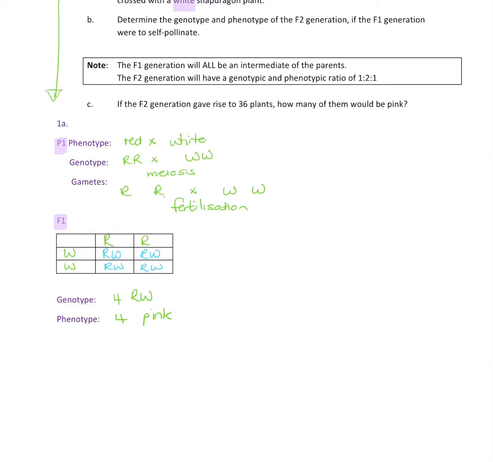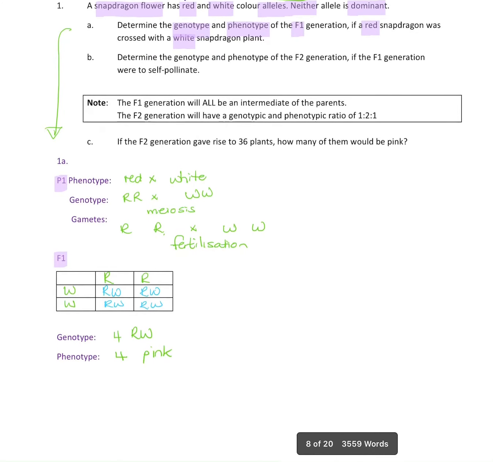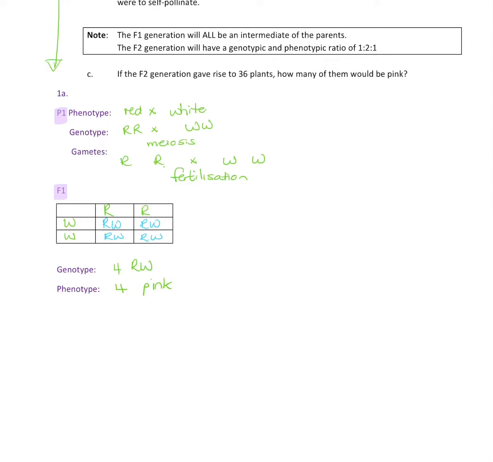The reason for that is, being an incomplete dominance example, an intermediate is formed, or a mix of the parents is formed. So the parents were red and white, and therefore the resulting offspring are going to be pink.